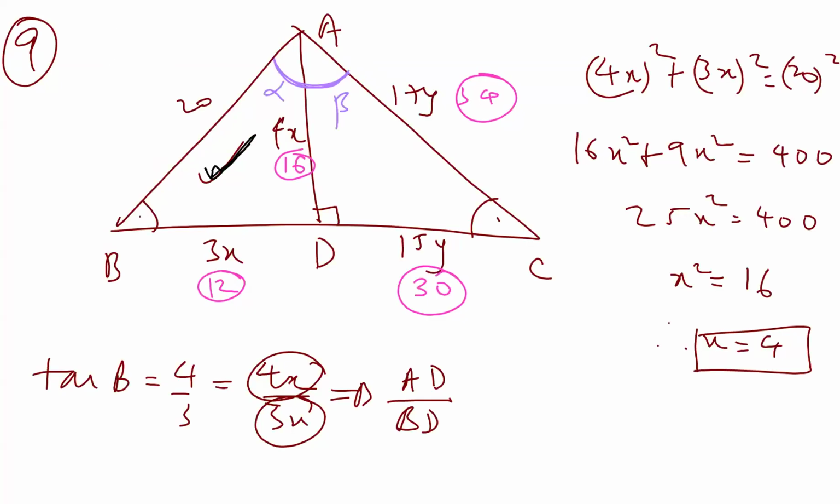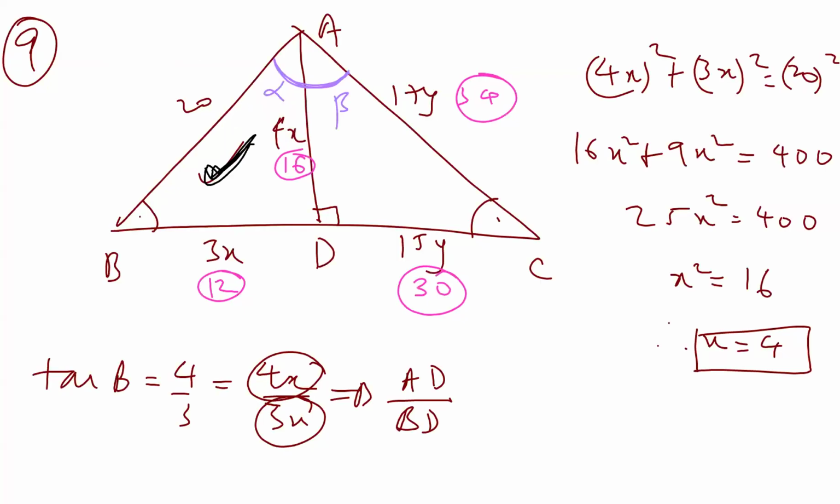So in triangle ABD, sine alpha is equal to opposite upon hypotenuse, 12 upon 20.